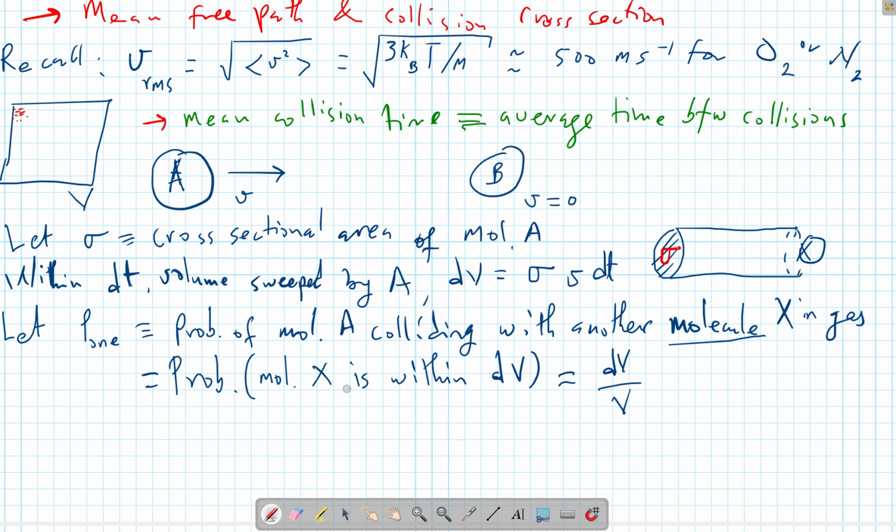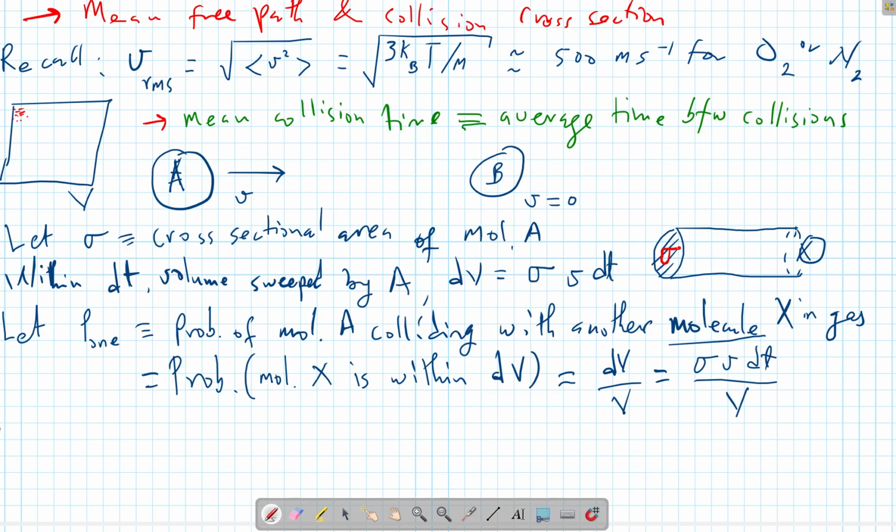The probability of molecule X to be within the elemental volume dV is going to be dV divided by V. So this is going to be sigma little v, the speed, times dt, divided by V. Okay, so this is the probability for molecule A to collide with some other molecule X in the container.